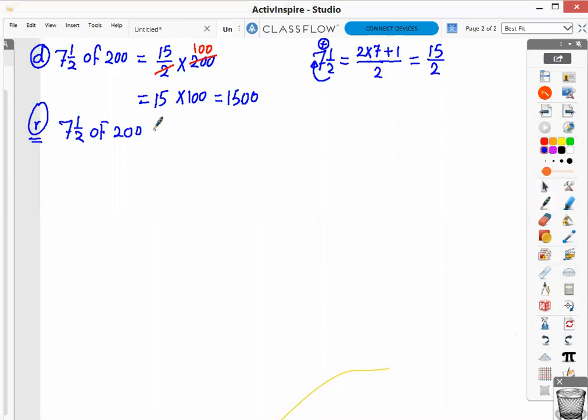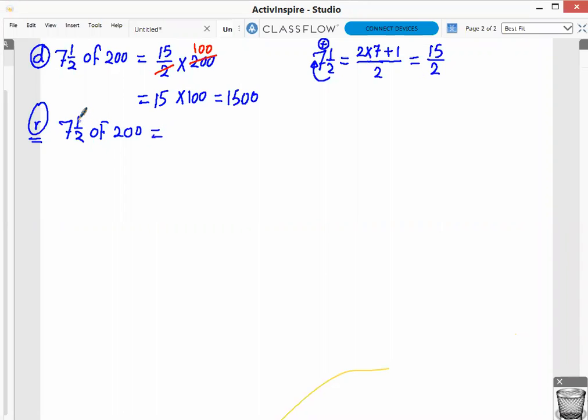Now, if you convert 7.5 into decimal, it will be 7.5. Multiplied by 200. Then if you multiply, it will be 75. You can cancel the point with one 0. It will be 75 multiplied by 20.